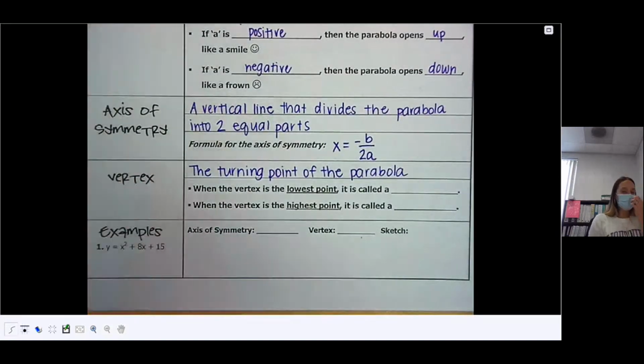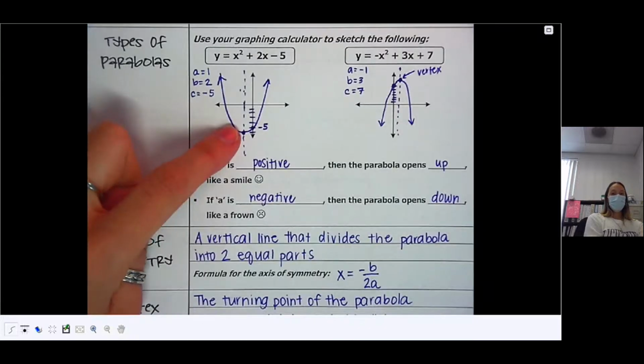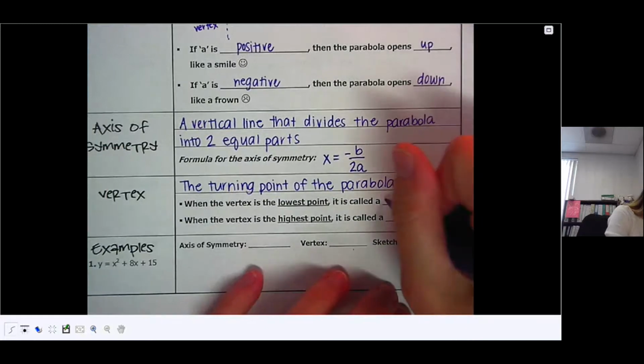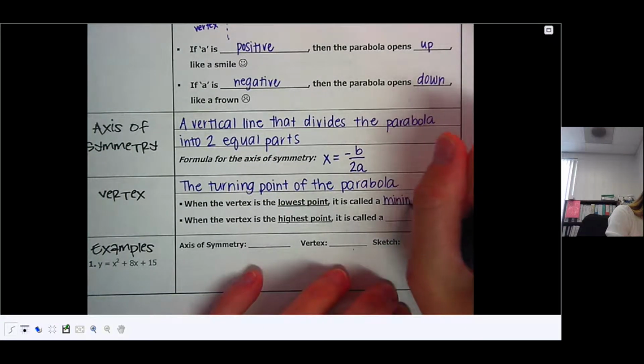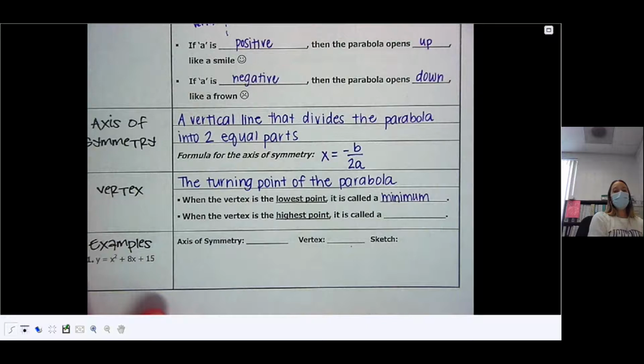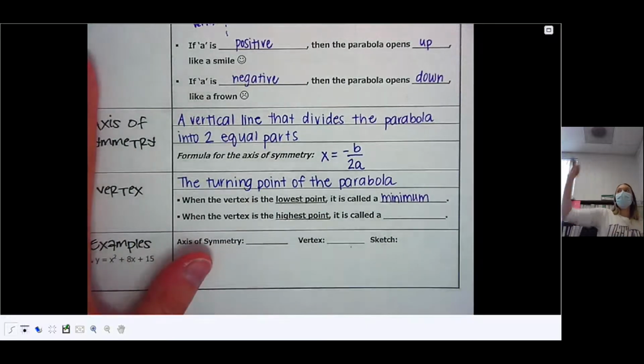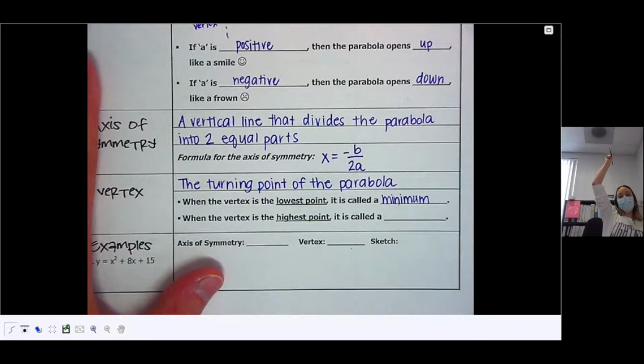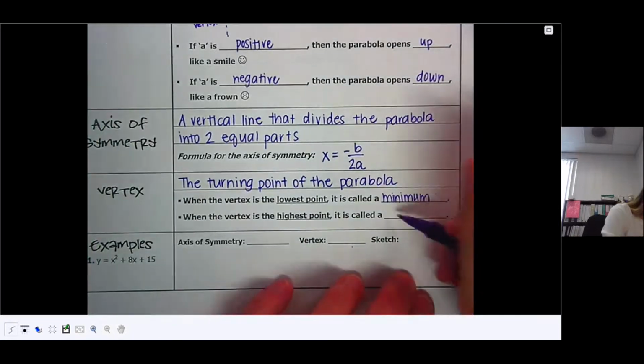When your vertex is a point at the bottom, so you've got a smiley face and a really low point down at the bottom, this vertex is called a minimum. And if my vertex is a highest point, so it flips around and has a point really high up, that is called the maximum. Good.